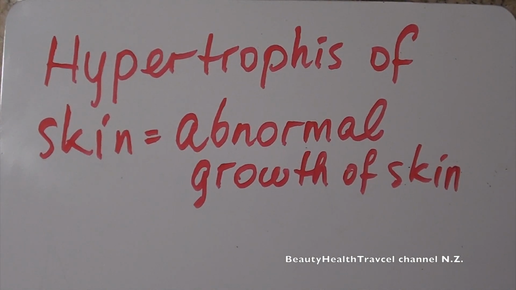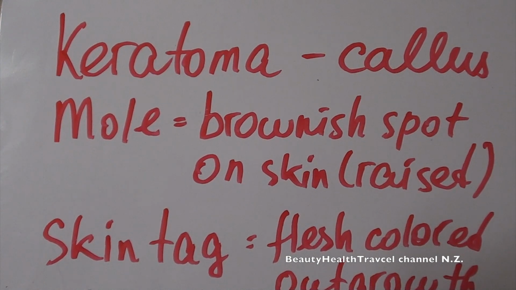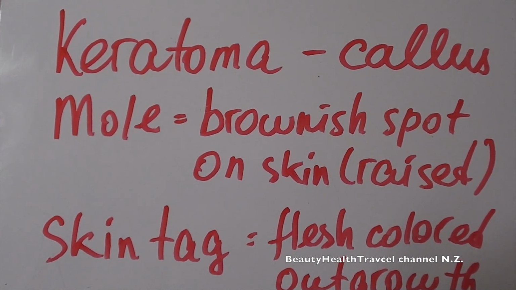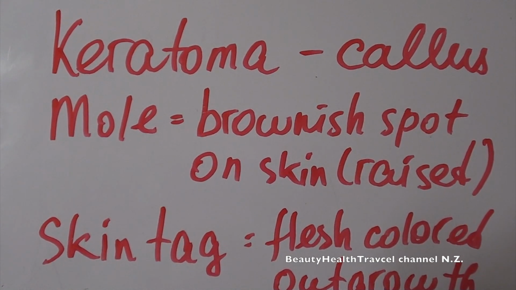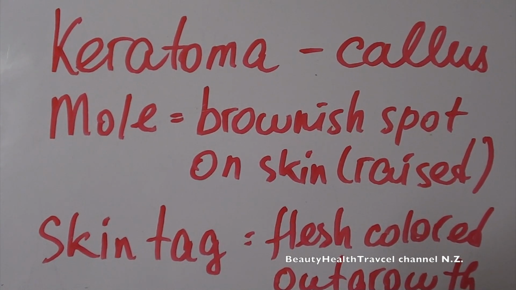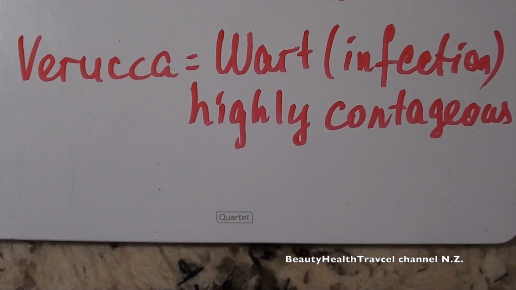Hypertrophies of skin, abnormal growth of skin. Keratoma is a callus. Mole is brown spot on skin which is raised. Skin tag, flesh-colored outgrowth. Verruca is a wart, which is an infection.